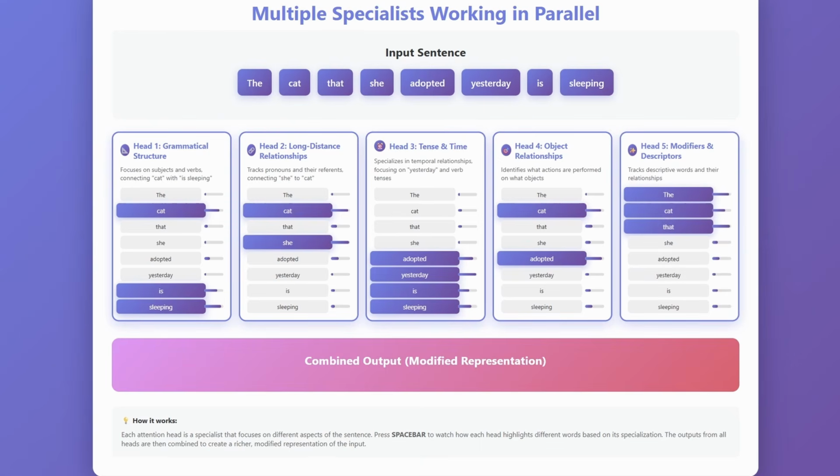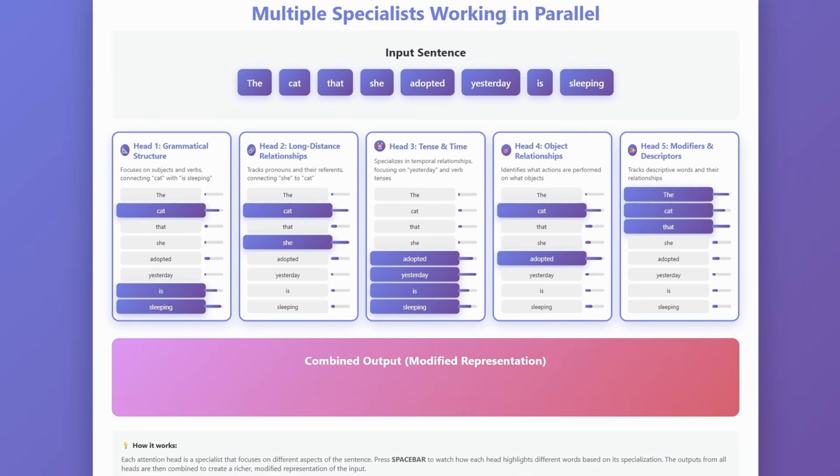Then, the model stitches them together into one big, super informative embedding. Now that the word knows its position, its context, and a handful of different perspectives, the transformer feeds that into normal neural network layers. Nothing magical, just standard feed-forward stuff with backprop doing the updates.